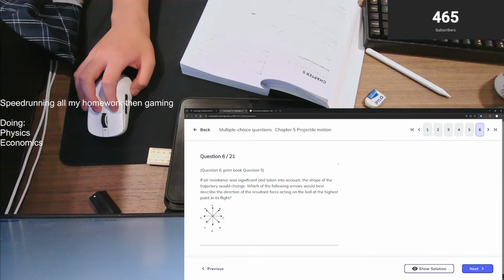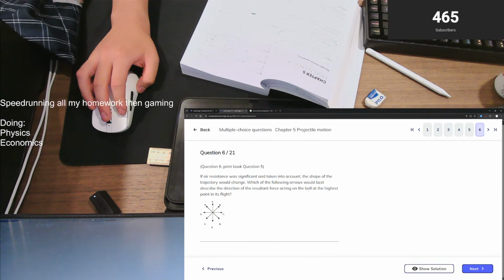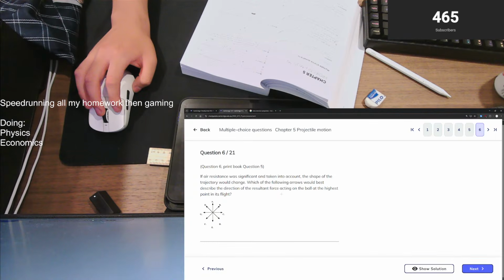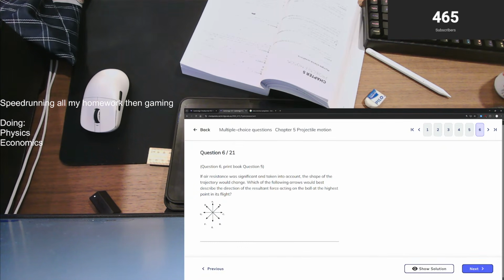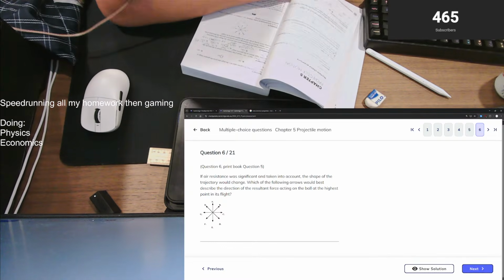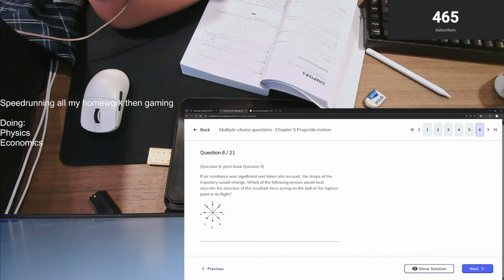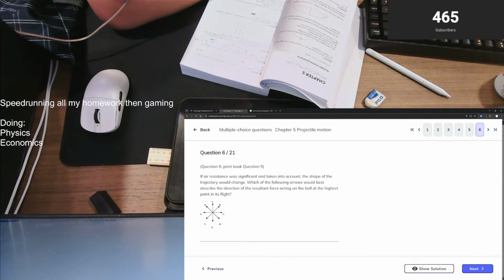Oh, okay. Air resistance was significant and taken into account, the shape of the trajectory would change. What is the shape of the trajectory? What does that even mean? Which of the following arrows would best describe the direction of the resultant force?